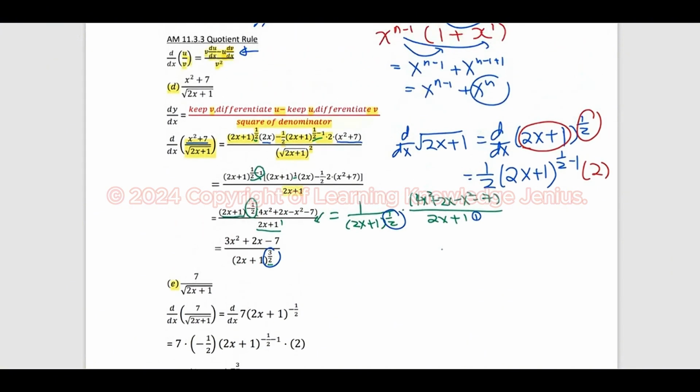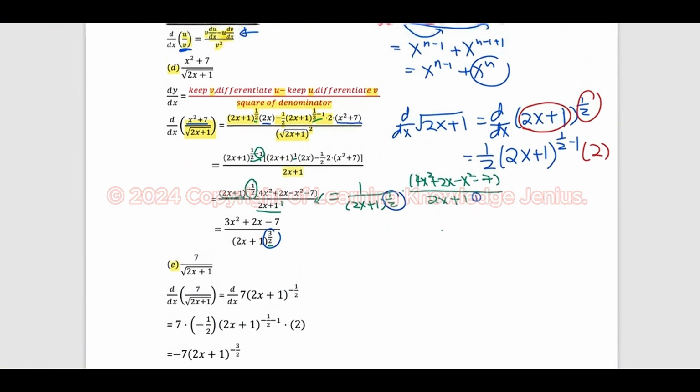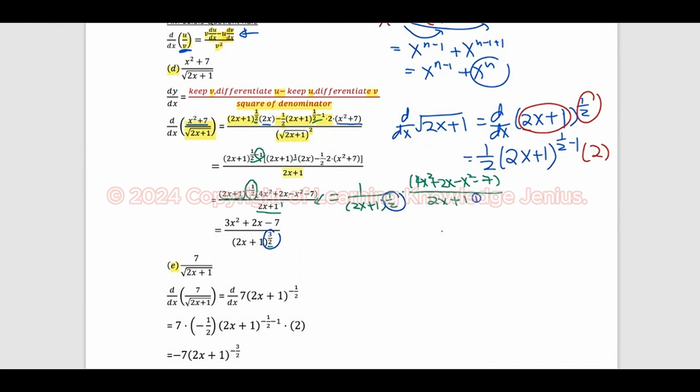With the quotient rule, take note, you will apply it when you have u divided by v. What do the u and v show? They are functions of x. So that means you have one function divided by the other function, then only will you apply the quotient rule.